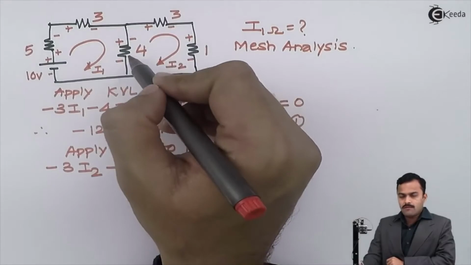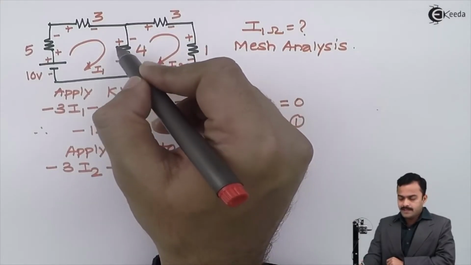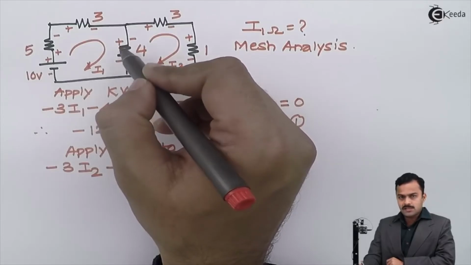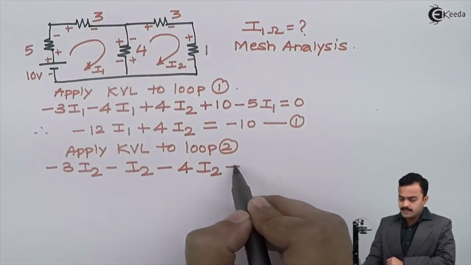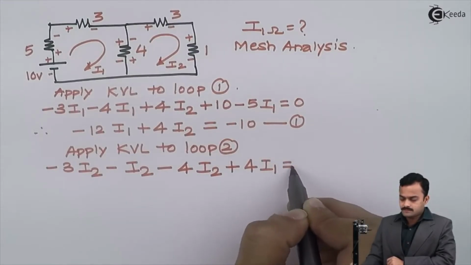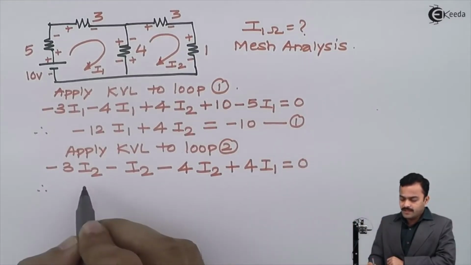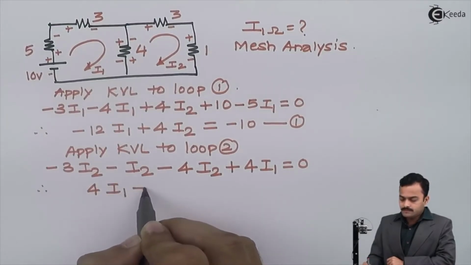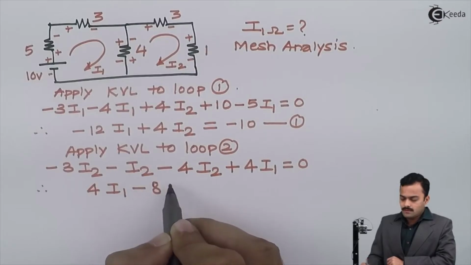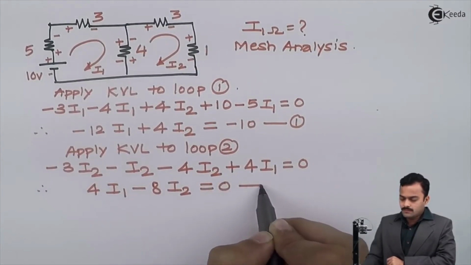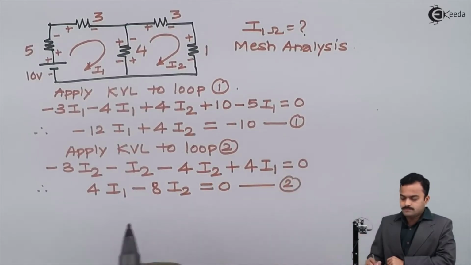In the direction of this current, I am having minus plus one more voltage, but the polarity is changing from minus to plus, so it's a voltage rise. So plus 4, and this is because of I1. After simplifying, I will get the equation 4I1 minus 8I2 equal to 0. Equation number 2.